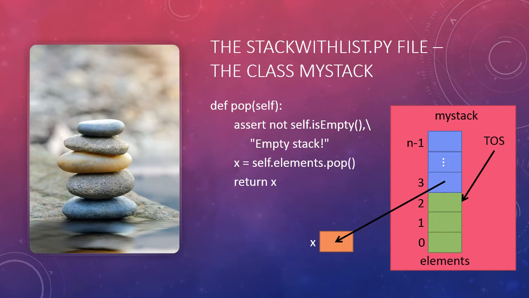So the value ceases to exist in the stack, but it comes to exist in the variable x, which I return. This function is also O(1) because you are simply deleting an element from a Python list.